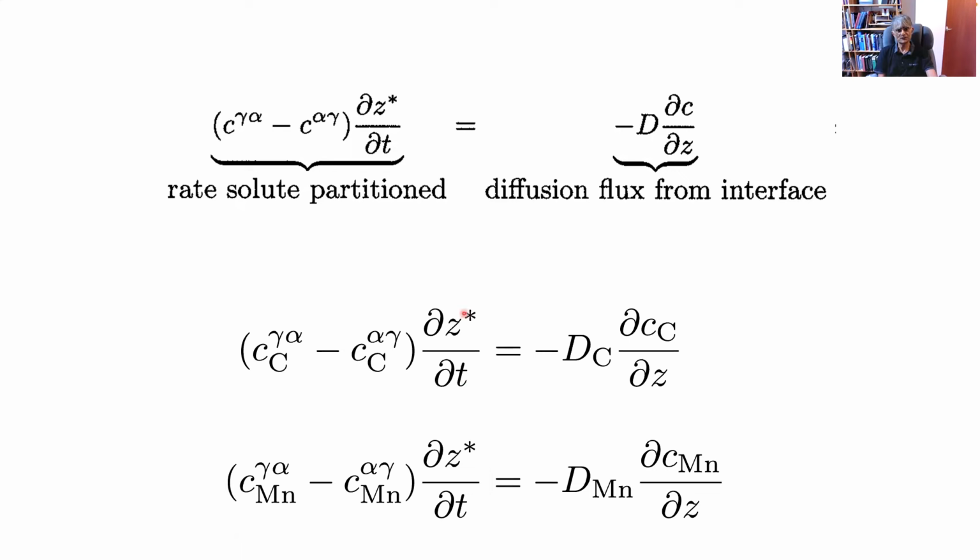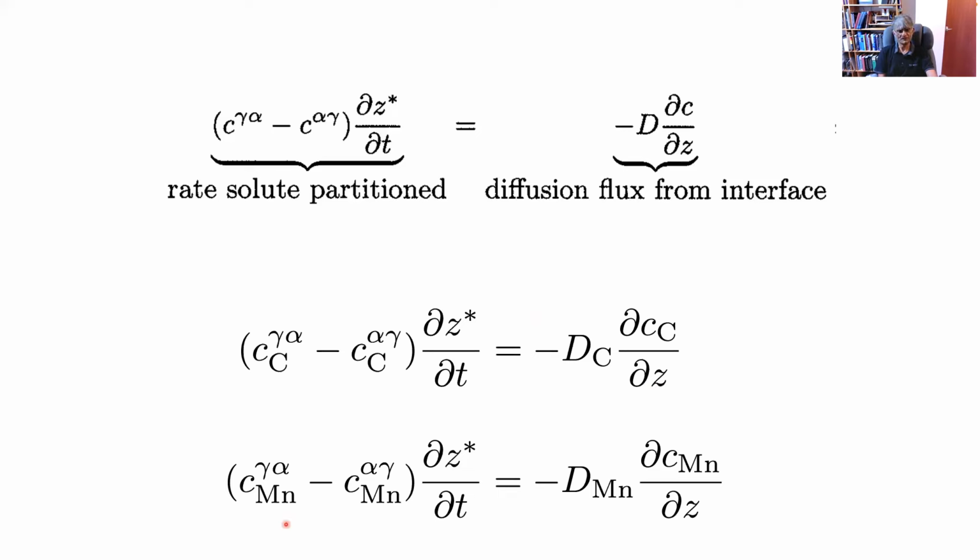This is the rate at which carbon is partitioned, and this is the rate at which it's taken away from the interface in order to maintain local equilibrium. And similarly, this is the rate at which manganese has to be pushed ahead of the interface, and this is the rate at which it must be carried away.